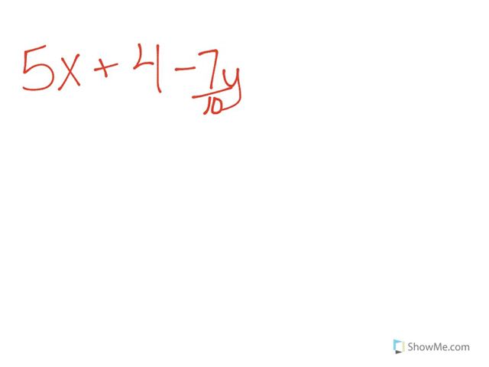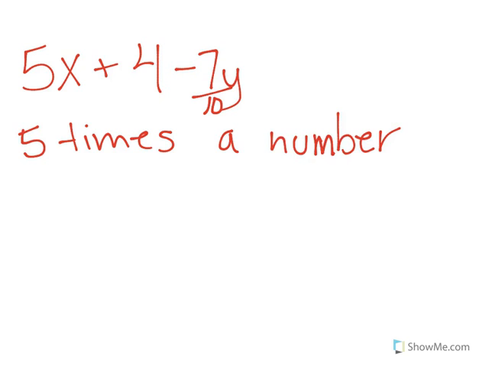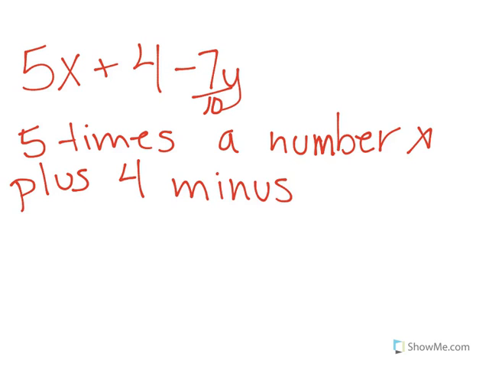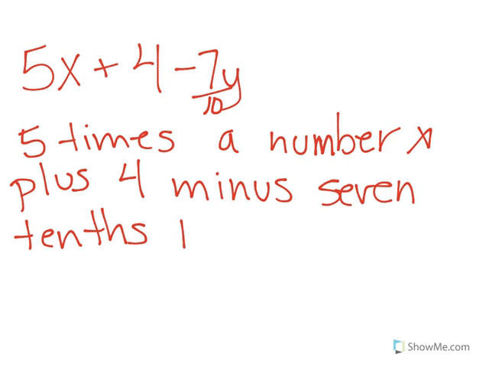So we have 5 times a number x, I'm sorry, a number x plus 4 minus 7 tenths times y, times a number y.